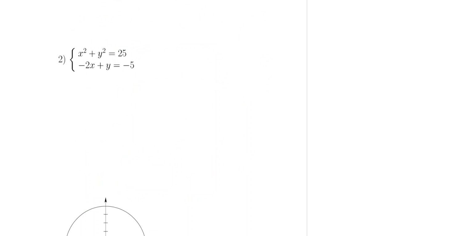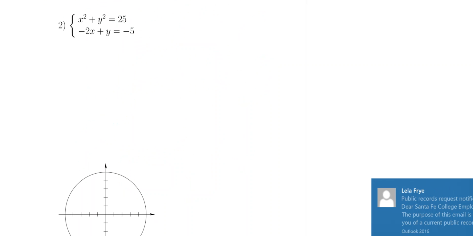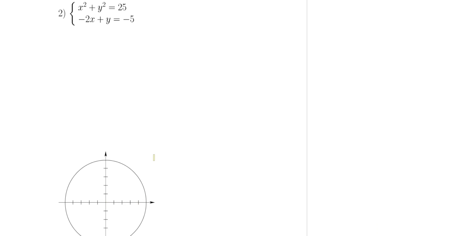Now let's solve this nonlinear system of equations. We know that the equation x squared plus y squared equals 25 is a circle centered at the origin with radius equal to 5. And then the second equation is just a line.